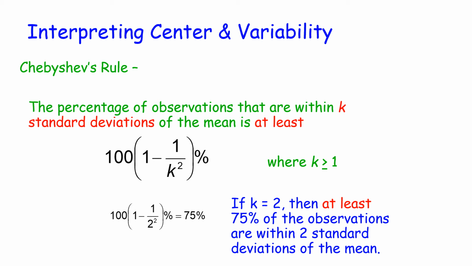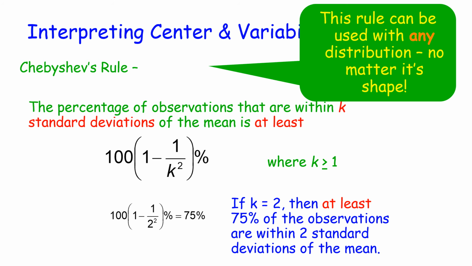Notice here that we took the k value and replaced it with the number 2 since we had said let k equal 2. This rule can be used with any distribution, no matter its shape.